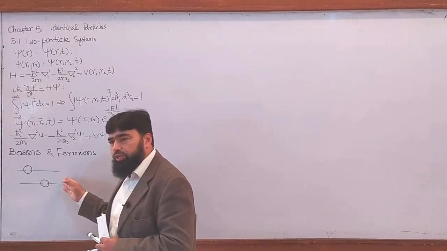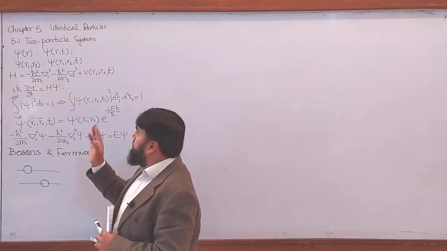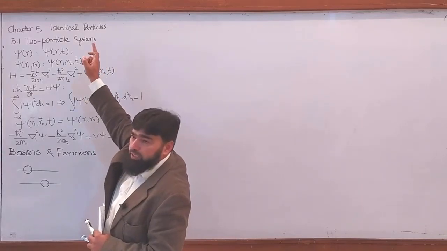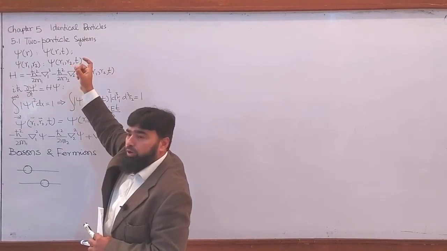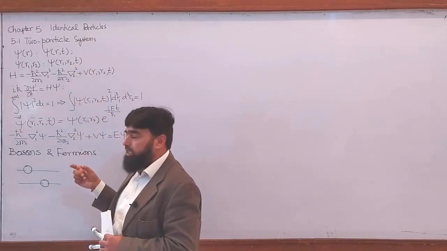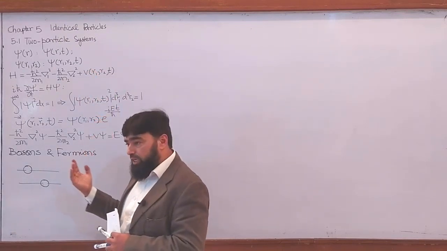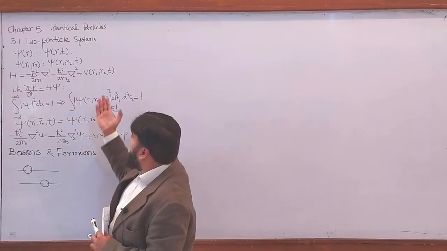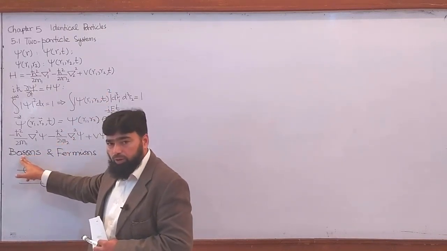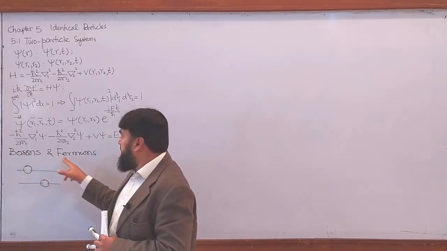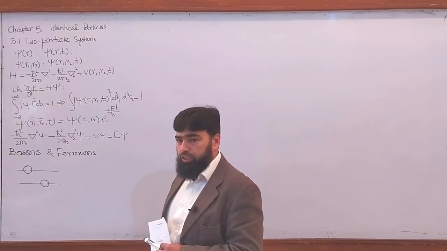So the number of configurations has further decreased, right? When the particles are distinguishable, there is one kind of configuration count, and when the particles become identical, they will have fewer configurations. And among identical particles, bosons will have one type of configuration, and when they become fermions, the number of configurations will be different.